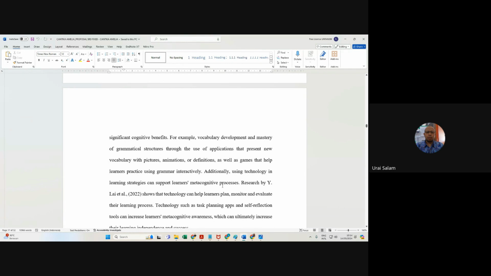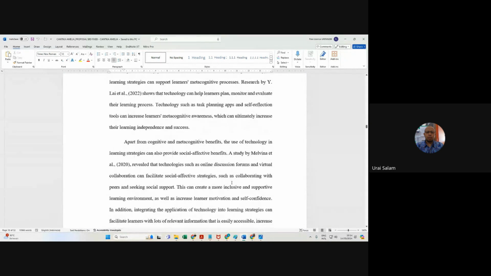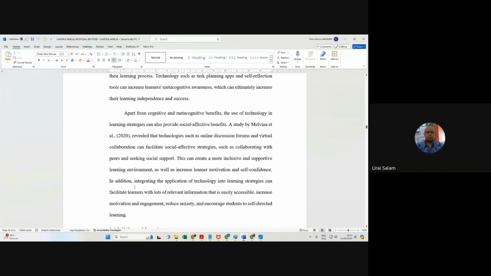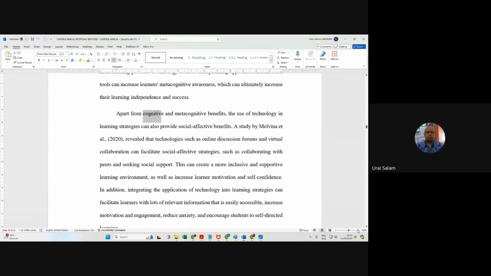The strategies, metacognitive process. What else? Apart from cognitive and metacognitive benefits, the use of technology in learning strategies can also provide social affective benefits. A study by Melvin et al. Meaning that you have to define, or at least clearly explain what you mean by cognitive strategies, metacognitive strategies, and social affective strategies, and so on.